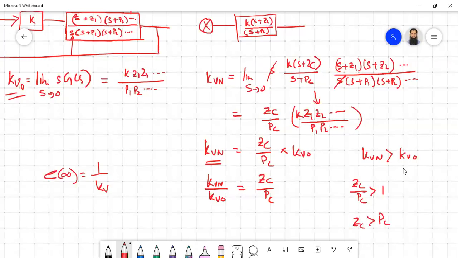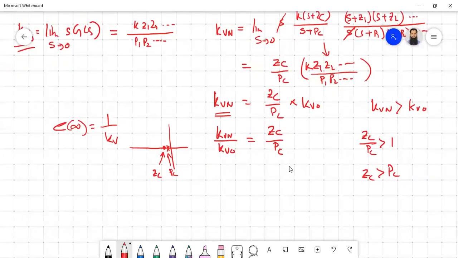What does it mean? Your PC has to be very close to the origin, and ZC has to be somewhere here, very close to the pole. So the value of ZC has to be greater than the value of PC. This is how we cannot completely eliminate the steady state error, but we can reduce the steady state error by some margin.